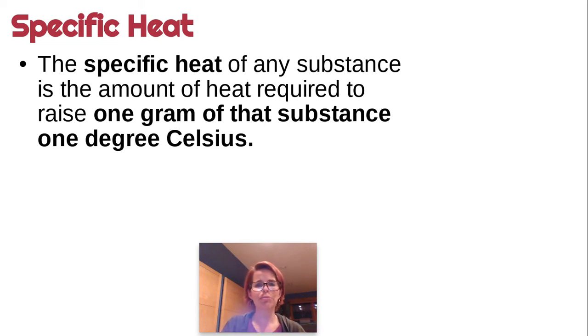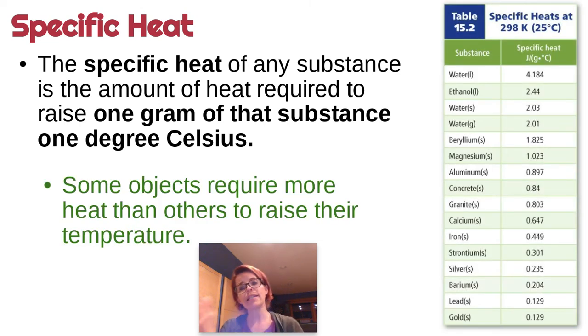So clearly it's really related to what we were just talking about with the word calorie. If we take a look over at the table, it says some objects require more heat than others to raise their temperature. I want you to notice and be amazed by the specific heat of water. It is incredibly high, and that is key to having life on this planet.